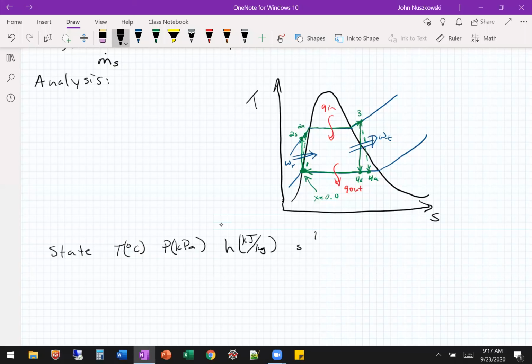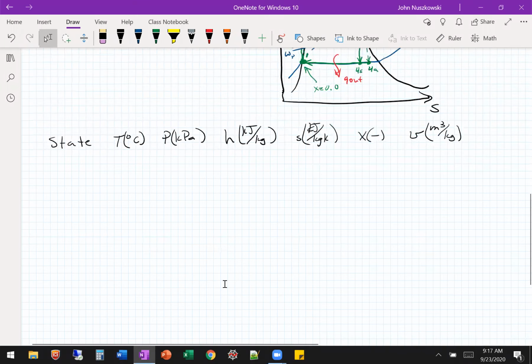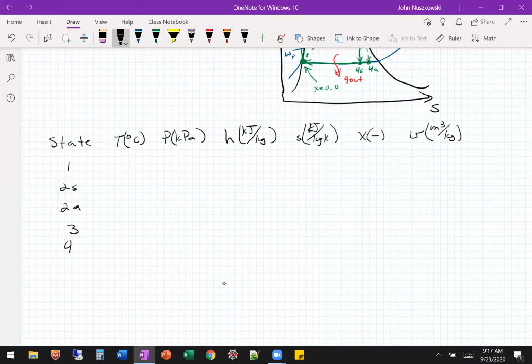Entropy in kilojoules per kilogram K. We have quality, and then we might need some specific volumes. Okay. And in this problem, we have a state 1, we have a 2S, we have a 2 actual, we have a 3, we have a 4S, and we have a 4 actual.